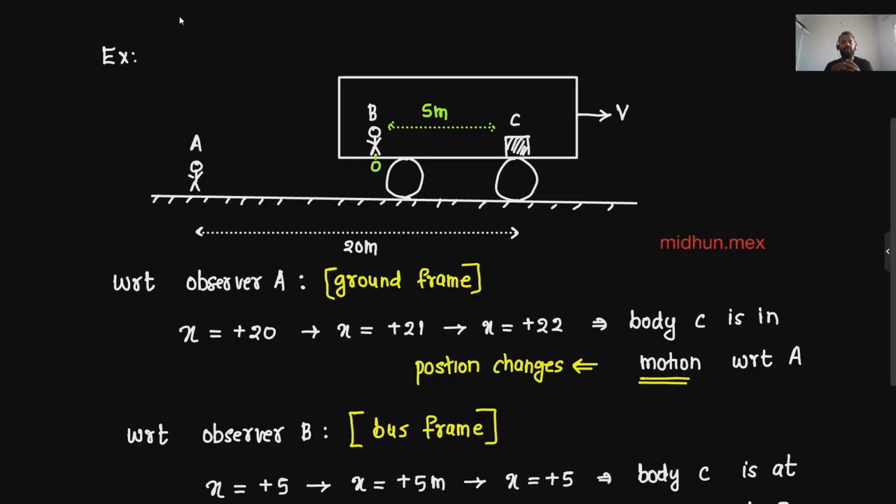So which observer should we choose for doing a problem? Understand, in physics 90% of the problems we do using observer A, which means if you write F equal to ma, if you write momentum conservation, if you write angular momentum conservation, all these things only work with observer A. So many students don't know this.